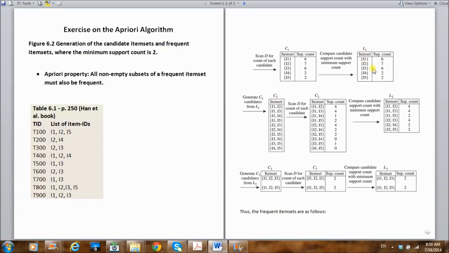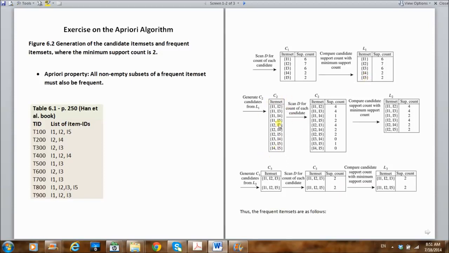So we have I1 and I2, I1 and I3, I1 and I4, I1 and I5. Now look at I2: I2 and I3, I2 and I4, I2 and I5. Then I3 and I4, I3 and I5, and finally I4 and I5.